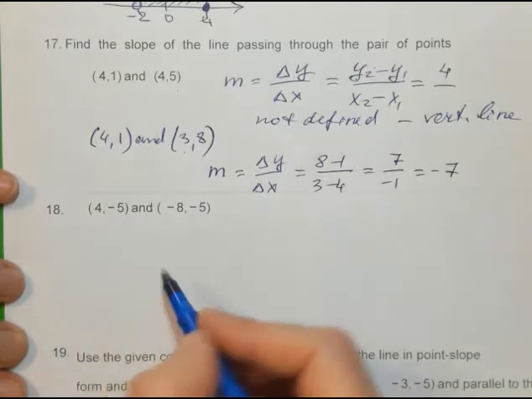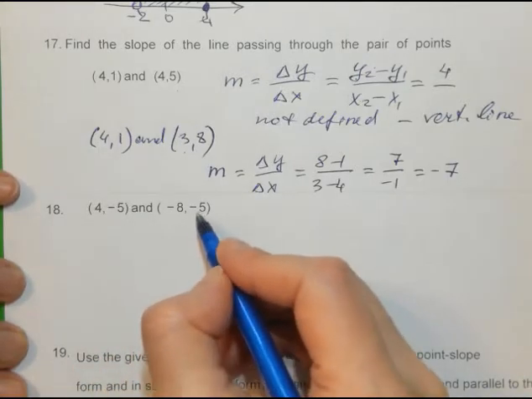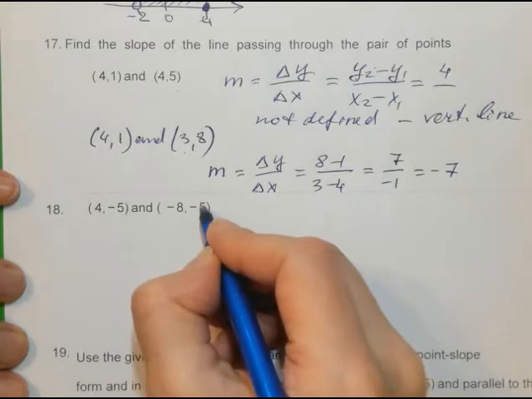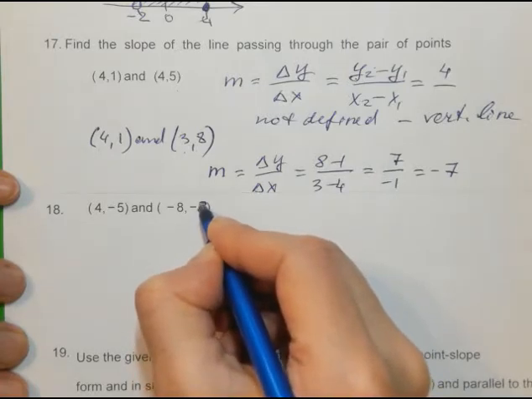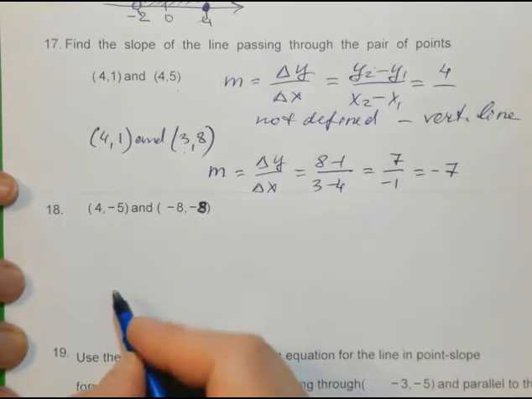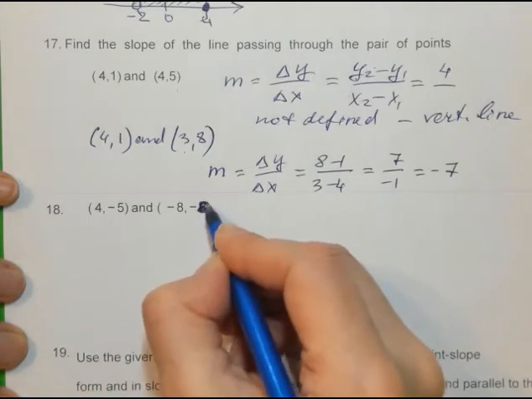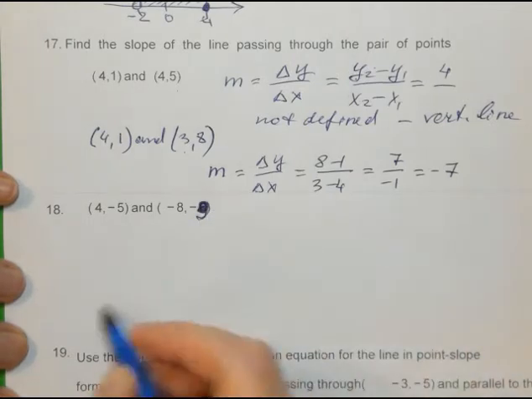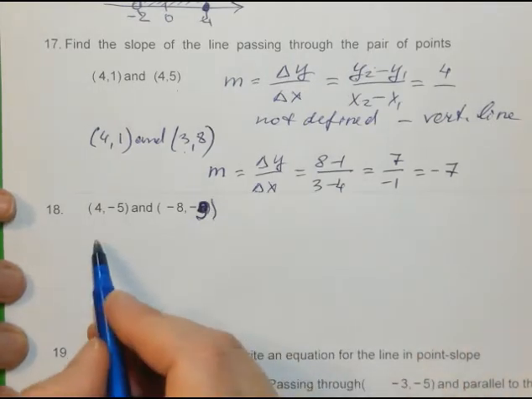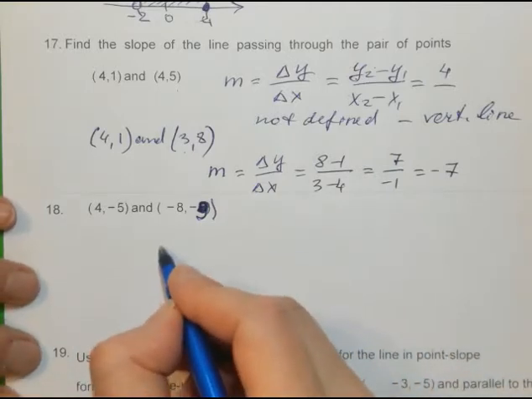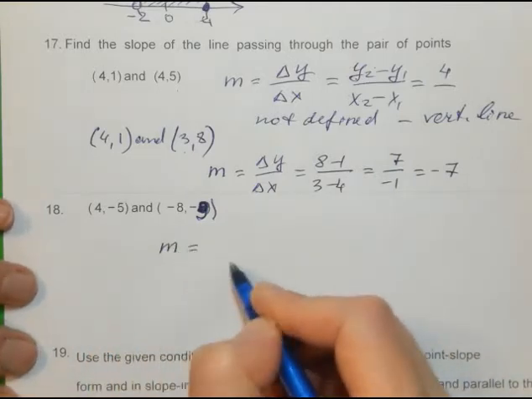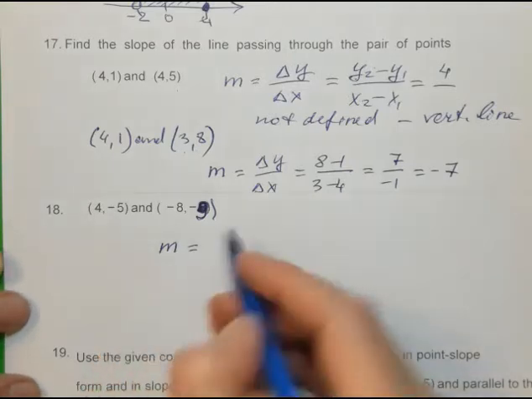So here also let us change it to (-8, -9), to have different points. So these 2 points, and find the slope of the line between them.